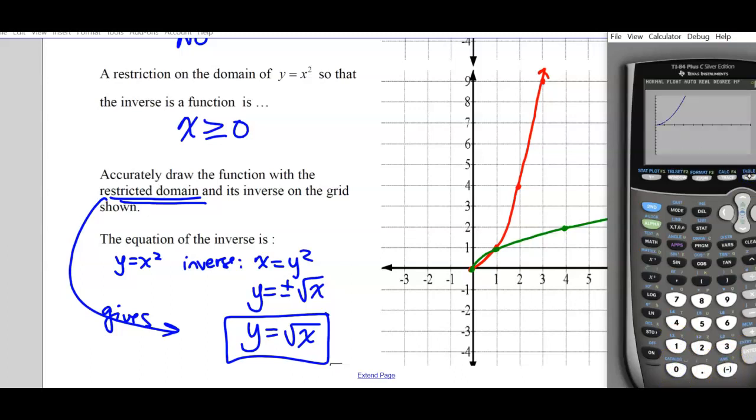If I graph on my calculator, with inverses, remember they are reflections over the line y equals x. So you think about folding your paper along the diagonal and they'll overlap. Why does that not look like it's equally spaced from the line y equals x? Because of the window.